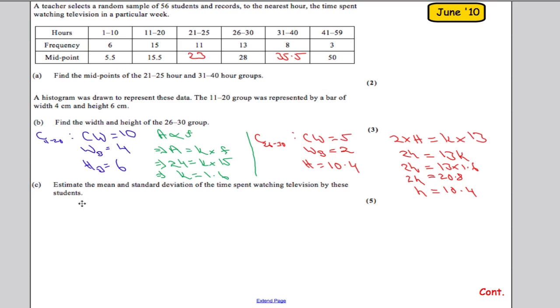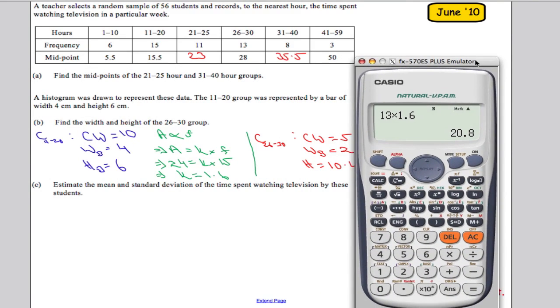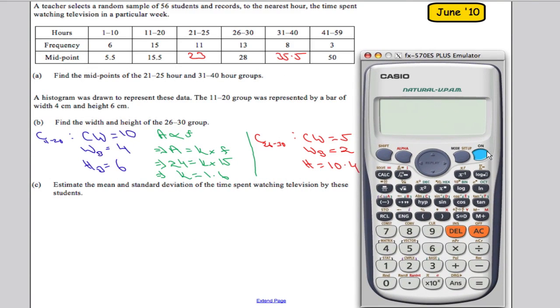We're asked to estimate the mean and standard deviation of the time spent watching television by the students. Now this is a great opportunity for me to show you how to use a calculator to do this. The first thing I'm going to do is hit shift and then set up.